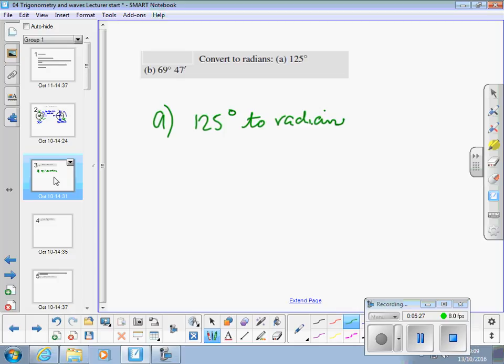In 180 degrees, there are pi radians. So if we divide that by 180, we get how many radians there are for 1 degree. If we then multiply that by the number of degrees we've got, yeah, we should end up with how many radians it is.